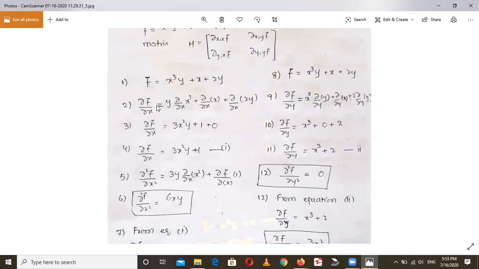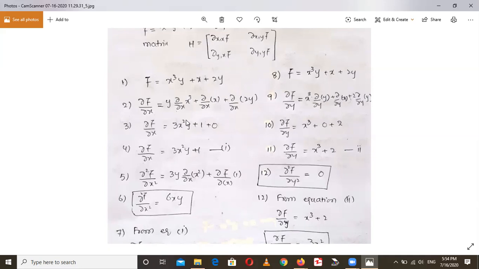So del f by del x will be equal to, I will move y forward and I will only differentiate x cube. Here I take differentiation of x simply. And this 2y is a constant, so I will take differentiation as a whole of 2y.